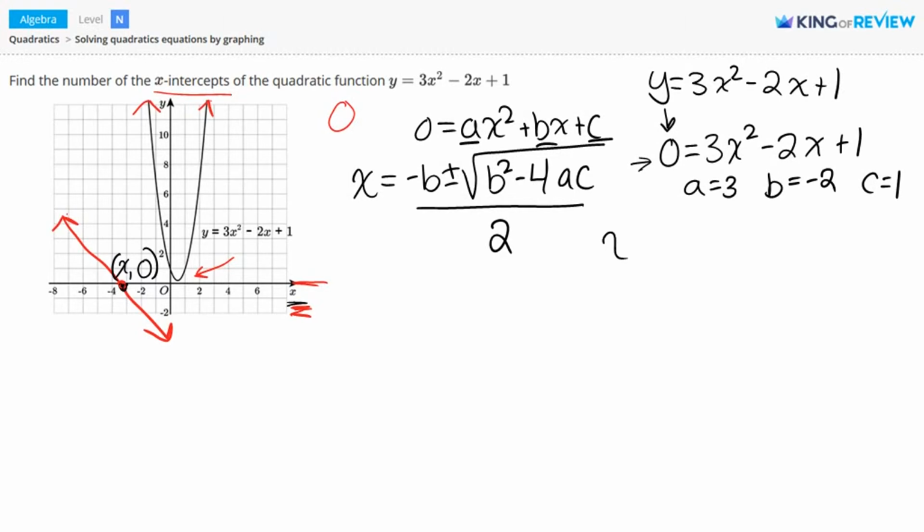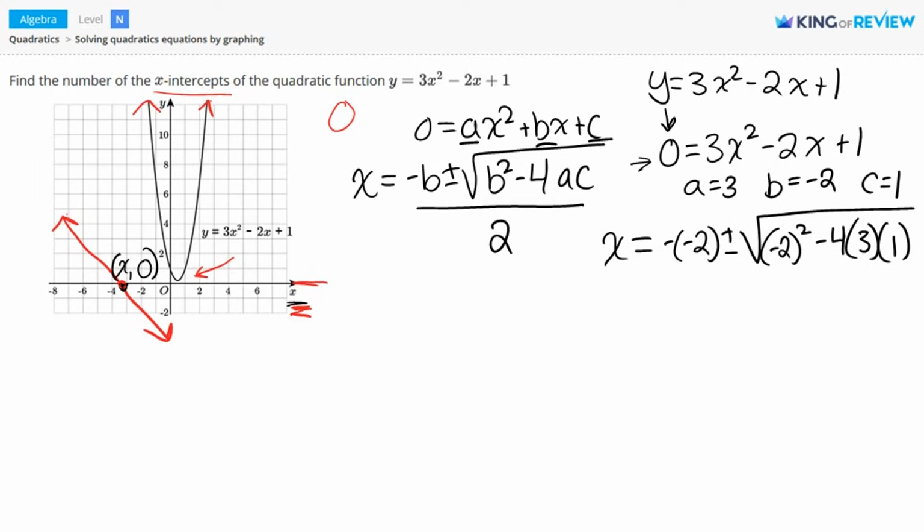Now let's apply these values to the quadratic equation. We have x equals minus a negative 2 plus or minus the square root of negative 2 squared minus 4 times 3 times 1, and this is all divided by 2 times 3.